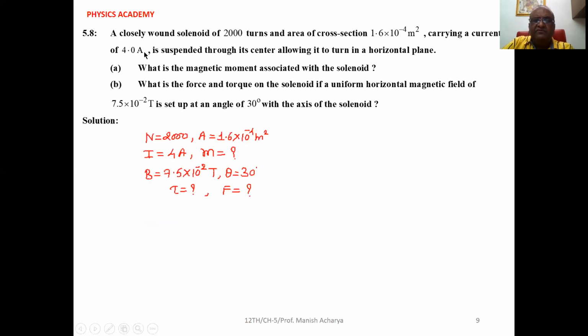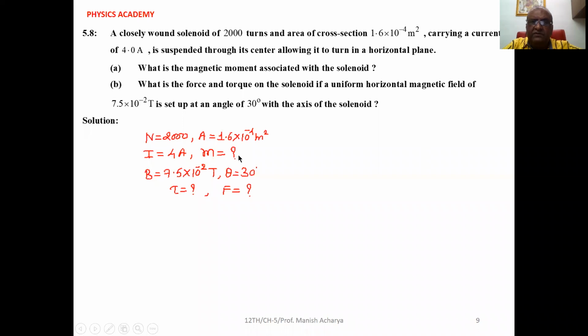Now see, first the given data: total number of turns in the solenoid is 2000, area of cross section is 1.6 into 10 raised to minus 4 meters square, current passed through it is I equal to 4 ampere, and first we have to calculate the magnetic moment associated with the solenoid.